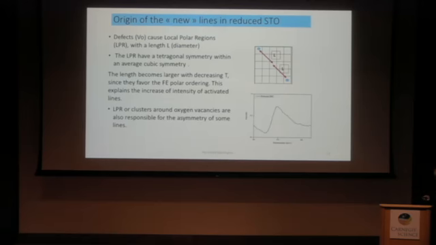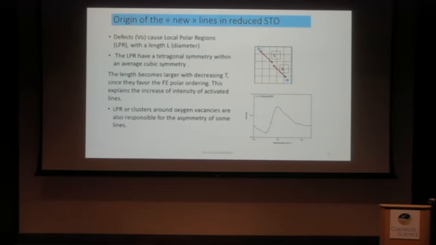So the defect causes local polar regions with diameter called L here. This cluster or polar region has a tetragonal symmetry.